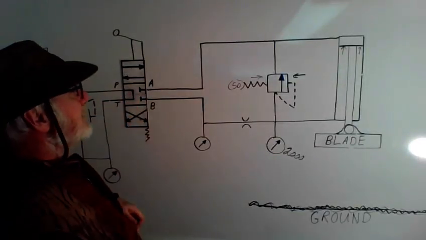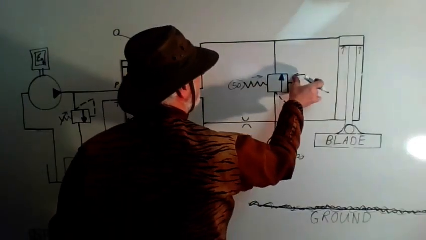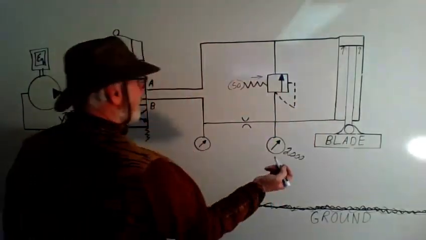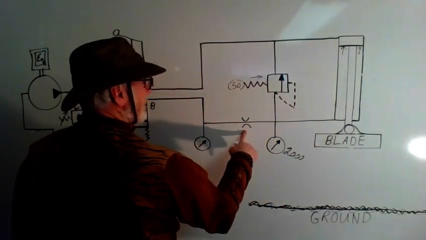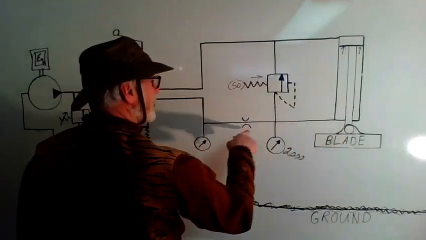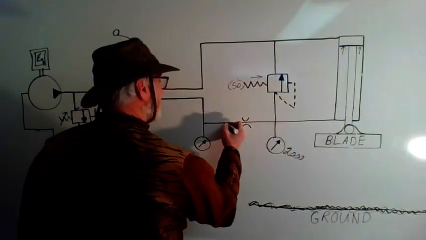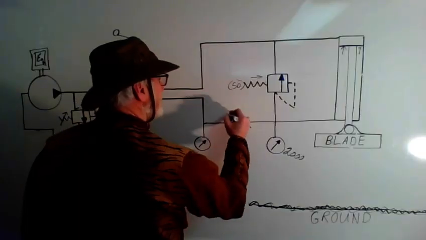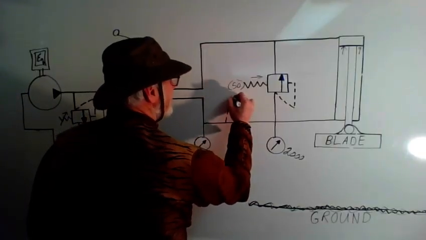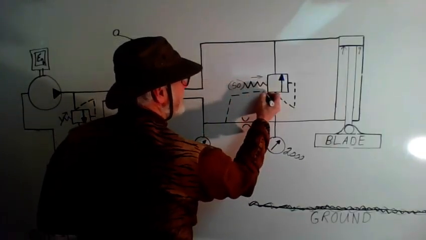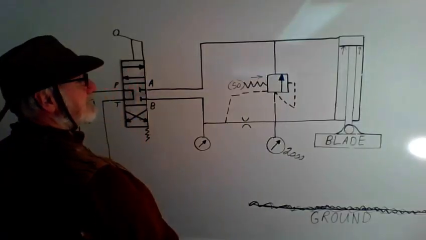Well, that's not going to work, so we need to add something to this. So what I'm going to add is an orifice on the rod side, and on this side of the orifice I'm going to add another dotted line, and that is to say another sense line.